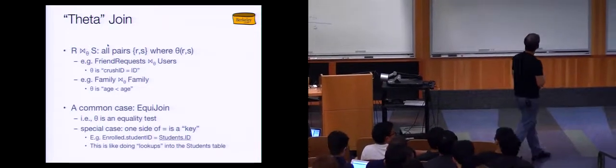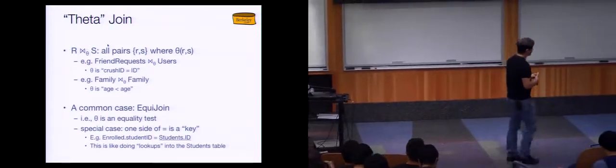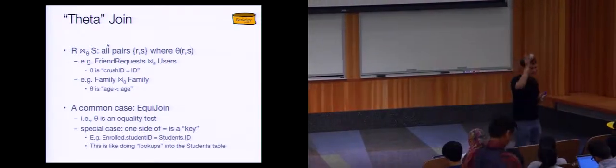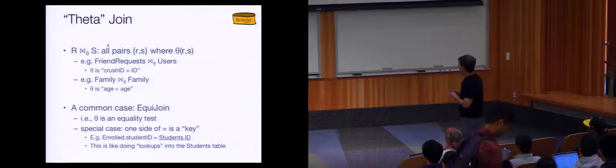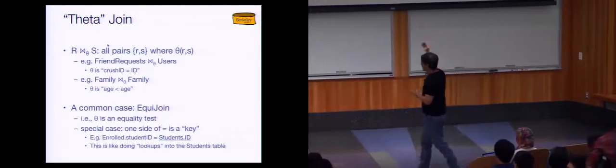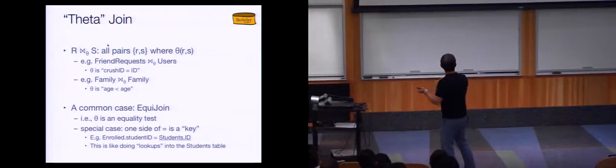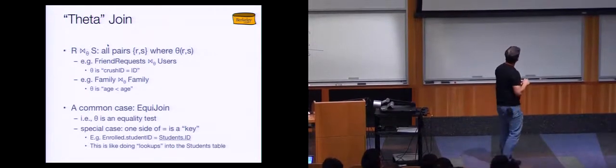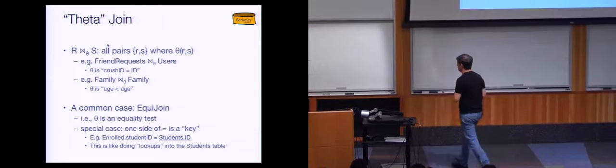So we might want to join up, say, friend requests with users, where maybe the friend request table has a column of people I have a crush on. Okay, that's the crush ID column, and users has an ID column, and the predicate is to compare friend request.crushID with users.id.